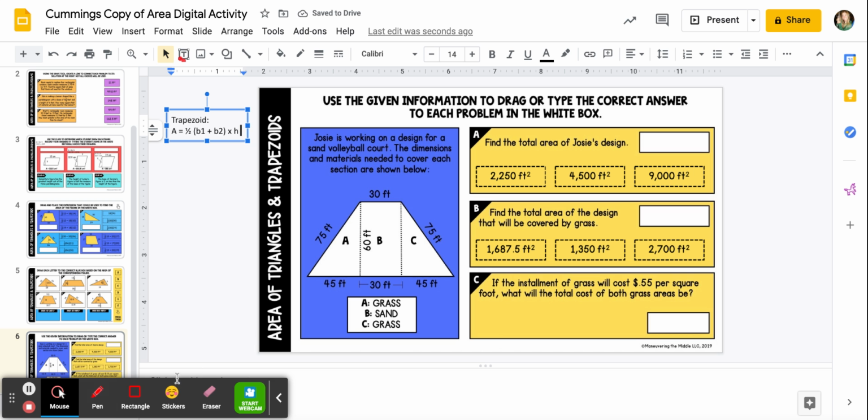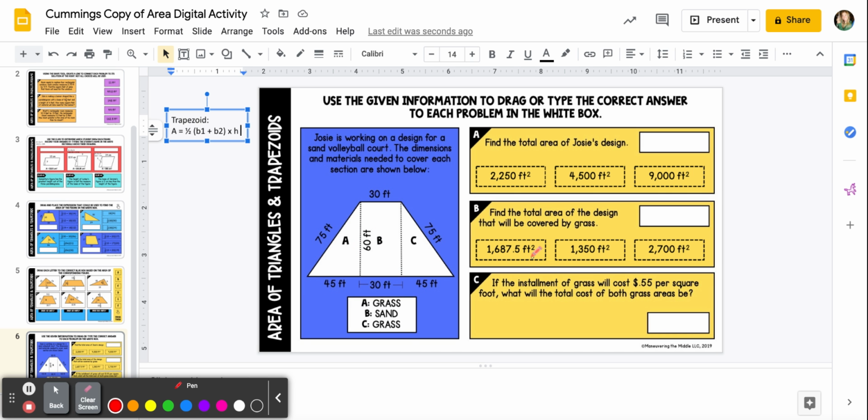So that's what you're going to need. Right now I'm going to highlight: when you do the whole trapezoid, you're going to need to add all these numbers together to see what this base is. Here's base 1, here's base 2, and here's your height. So that's what you're going to use for the trapezoid for question A. Figure out what you need to do and put it right into your calculator and you should get one of these three numbers. I'm going to clear that.